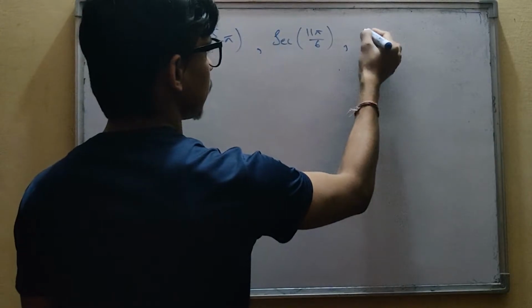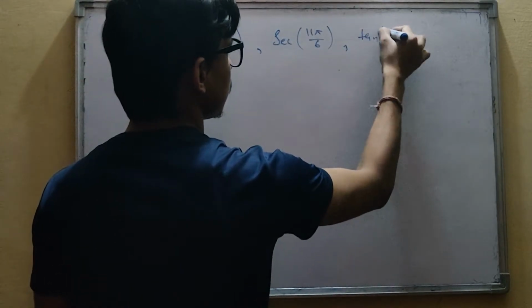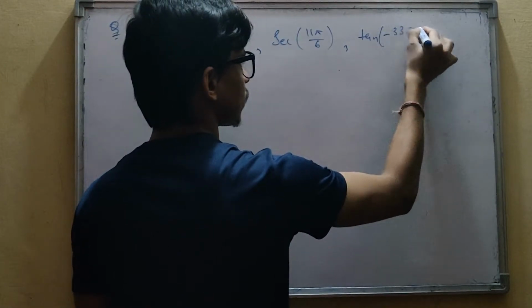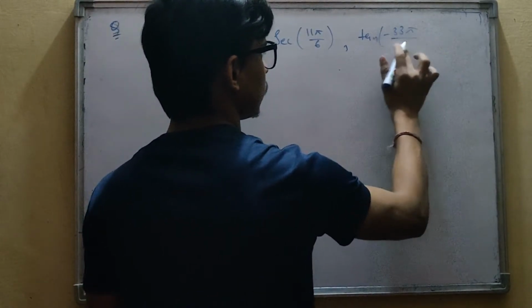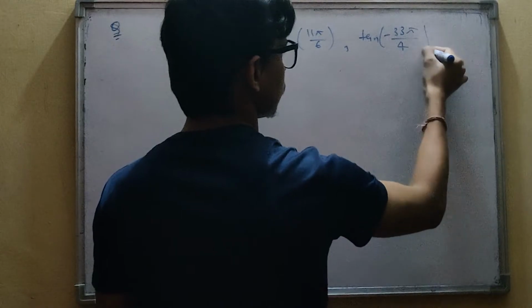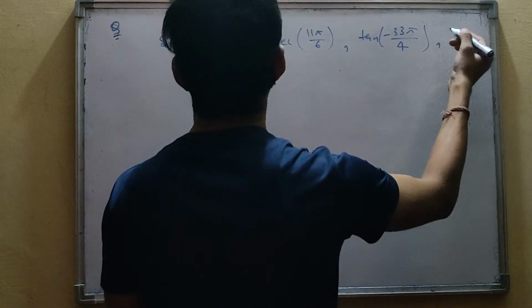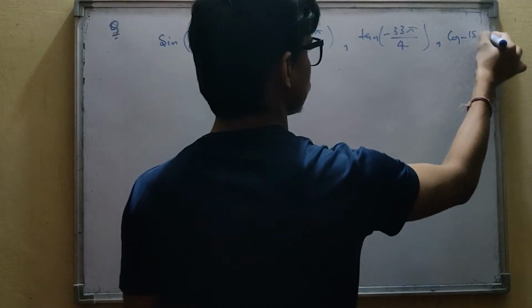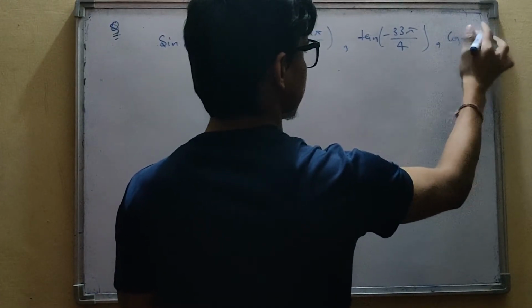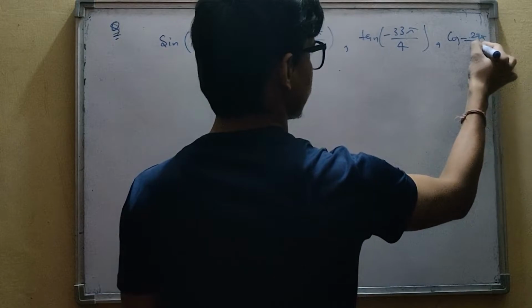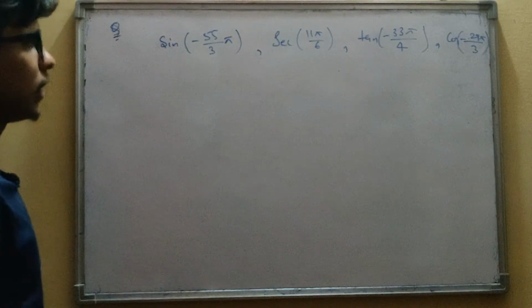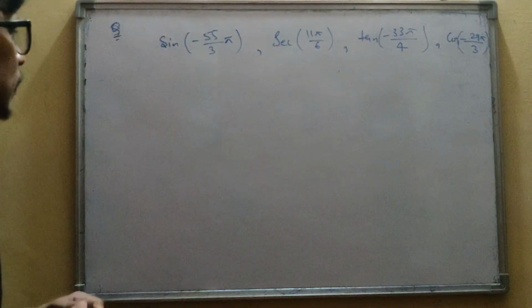Next you have to find tan minus 33 pi by 4. And the next is, let's say, cos minus 29 pi by 3. So we have to calculate the values of these. How do you have to do it?